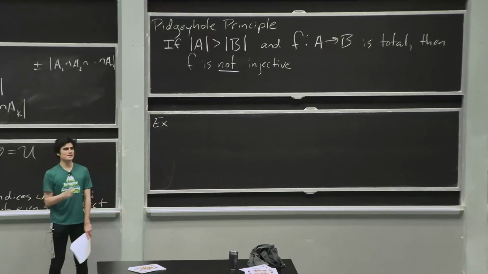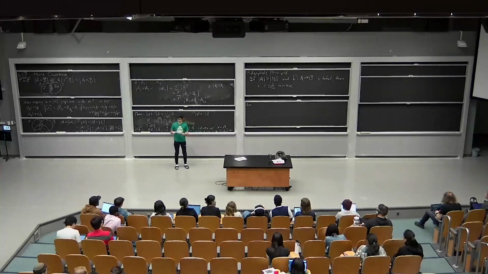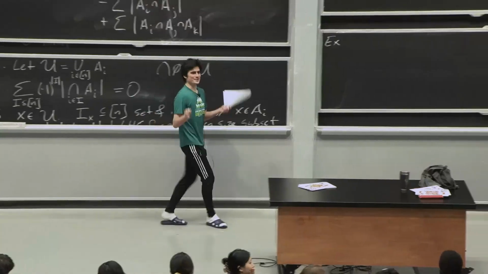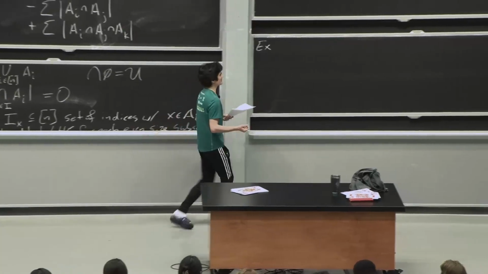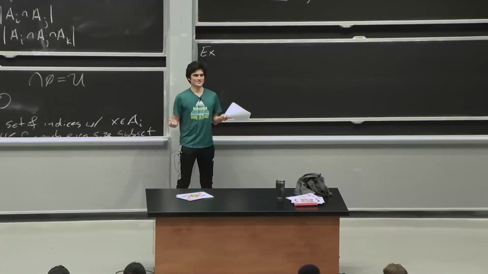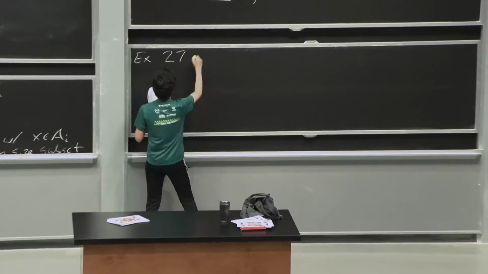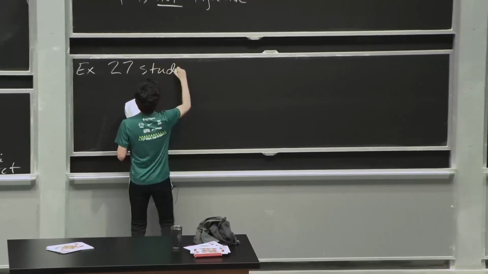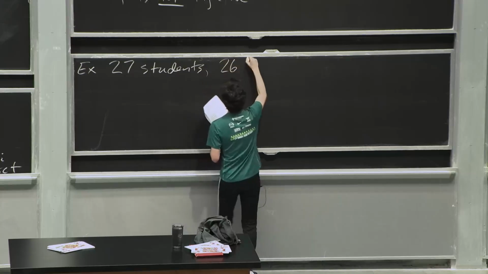Do we still have 26 students in the room? Nice. Not too many students have dropped. Okay. So there are more than 26 students in the room. So at least two of you share the first letter of your first name, right? So we've got at least 27 students, and 26 letters of the alphabet.